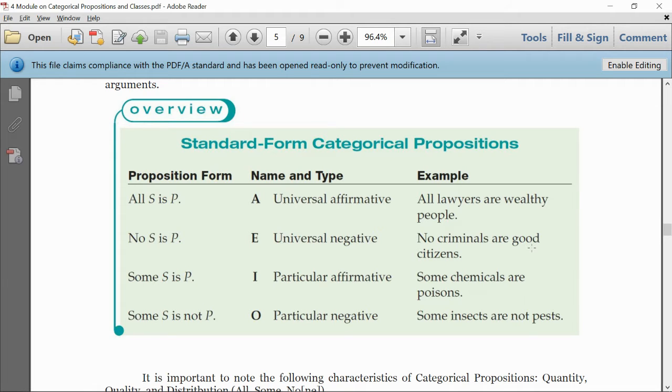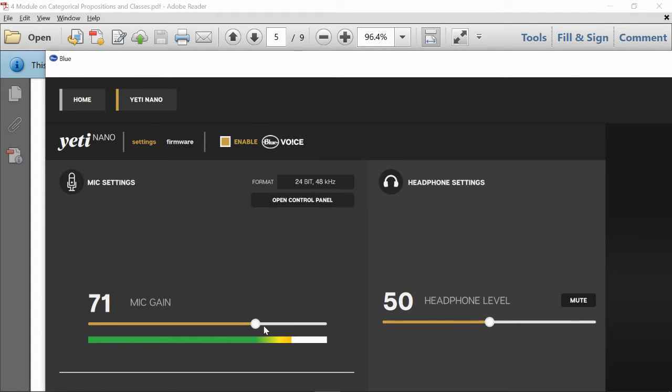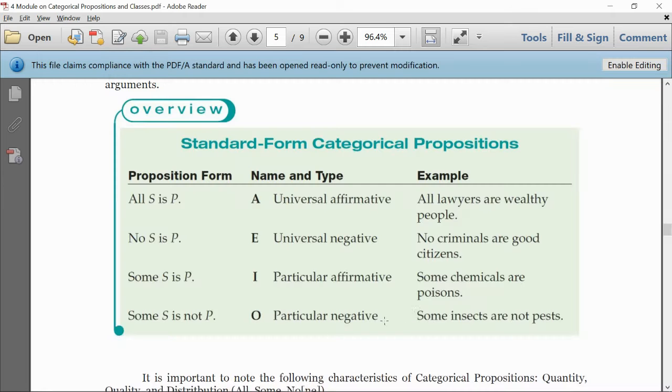When the proposition does not use any indicator, whether universal or particular, you have to first understand what is being said by the sentence. But again, most often than not, they use the words all, no, and some.